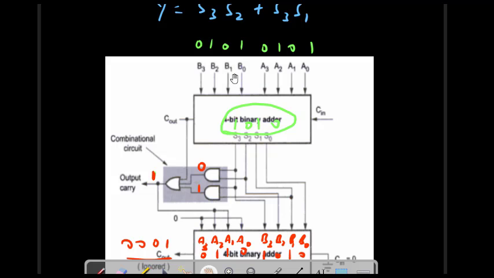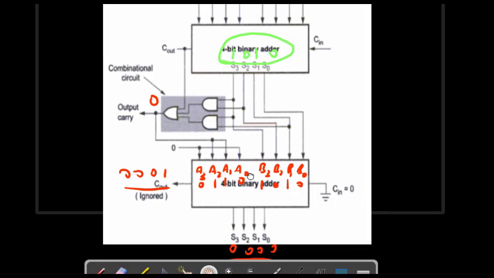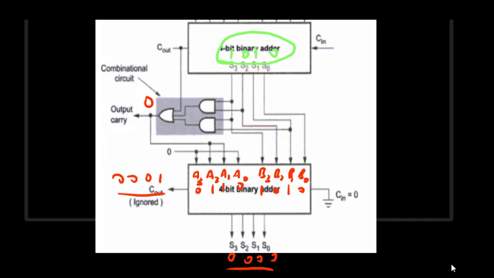It can also be shown that if the sum is less than 9, then this will automatically become 0, and 6 will not be added, and whatever sum we are getting from this adder is the sum of the adder below it, and that is our actual answer. So that's all for this session. Thanks for watching.